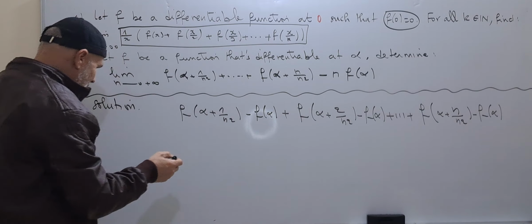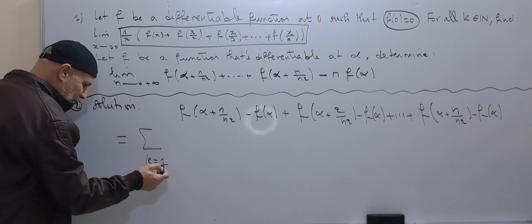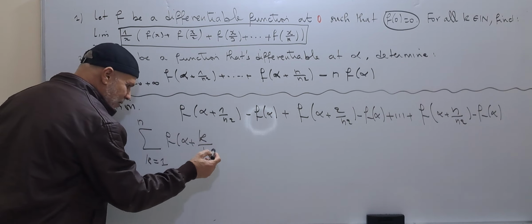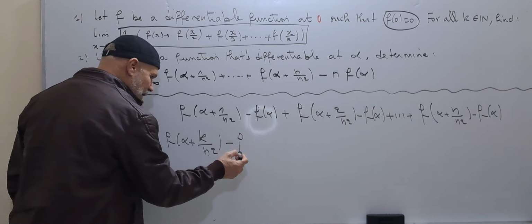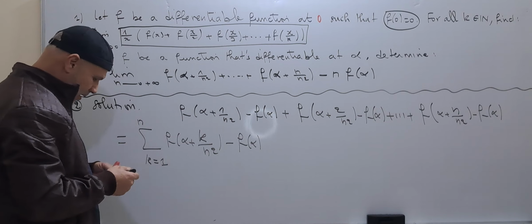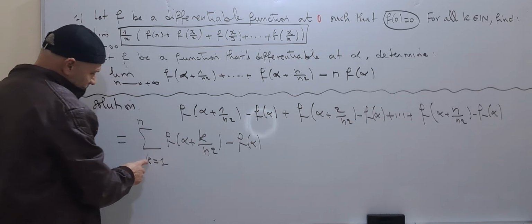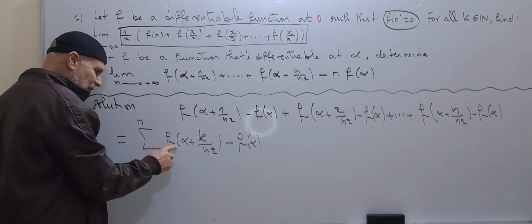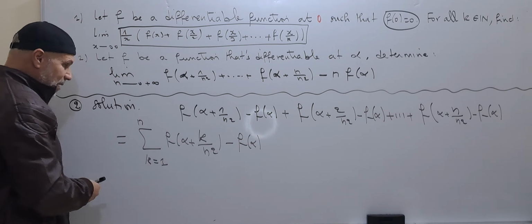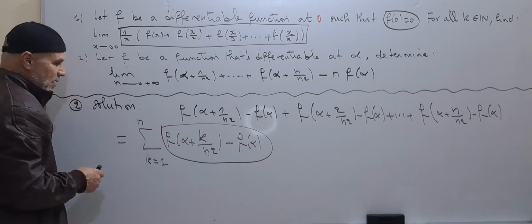We can write this as the sum from k equal 1 to n of f of alpha plus k over n squared minus f of alpha. If we take the sum from k equal 1 to n, we will get minus n f of alpha, and for k from 1 to n, we will get f of alpha plus 1 over n squared, and so on. So we have the same formula. Let us focus on just this formula.